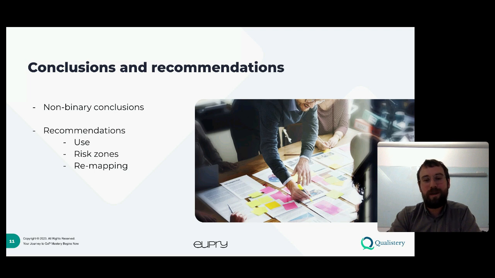Furthermore, one of the recommendations that's really important to consider is, do we recommend to remap this? We might find that it's within acceptable range, but that it's very, very close to not being within acceptable ranges. This is something that I believe we as validation engineers should take upon ourselves to do.